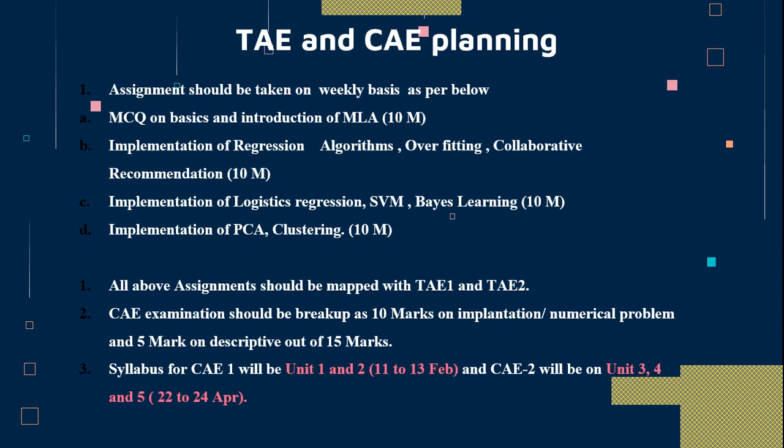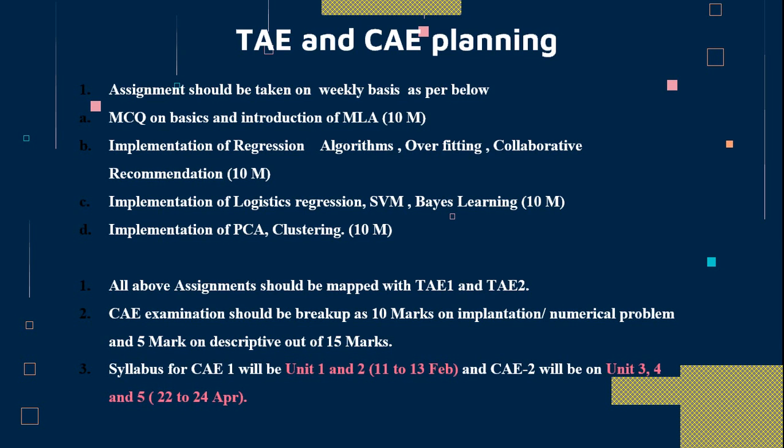This week I will give the 10 marks MCQ assignment. Then the implementation of the regression algorithm, overfitting, collaborative recommendation, then implementation of logistics. All the assignments are 10 marks, and these assignments are mapped with your TA.